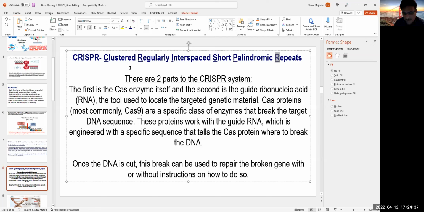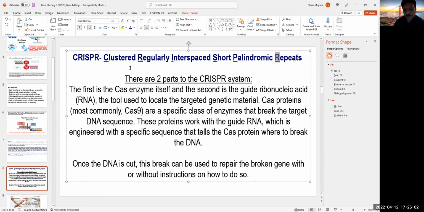When I used to read this name, I used to get sort of scared that it is such a big name. So where does this name come from? Clustered means they are together as a colony, and regularly means they're interspaced at regular positions. Short palindrome.